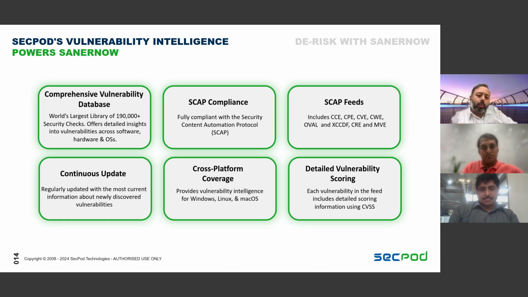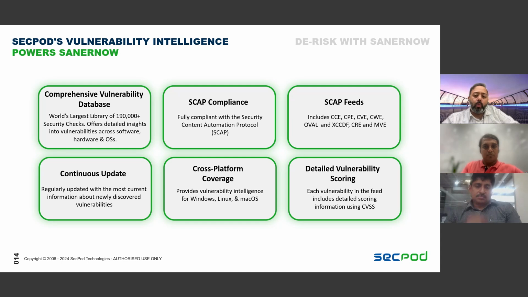In addition to what Viren touched upon, the malware enumeration, we also look at something called common remediation enumeration, which helps us identify the right remediation that needs to be applied for an identified vulnerability or risk.